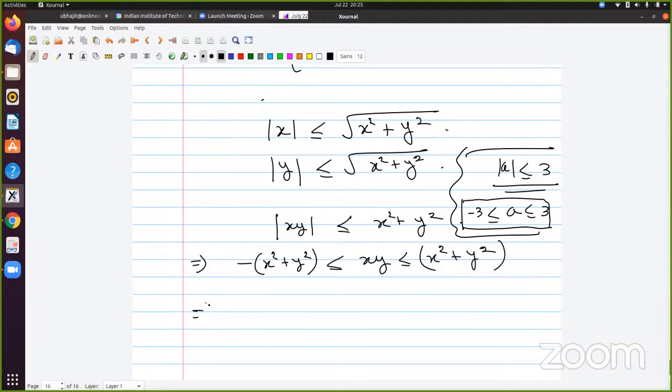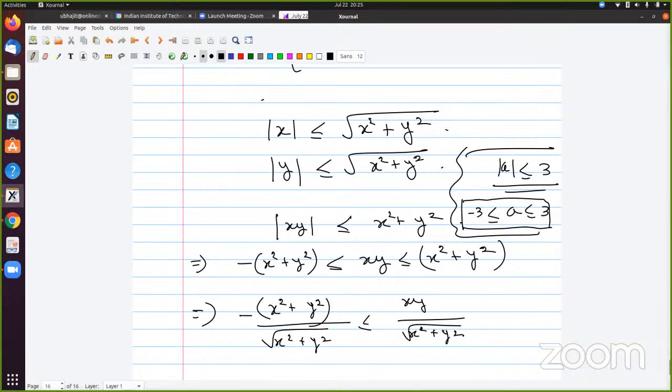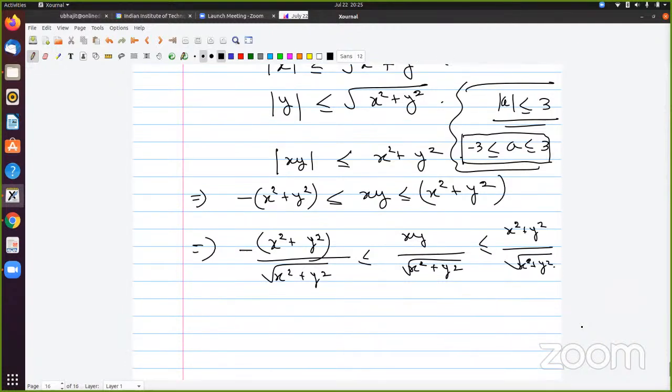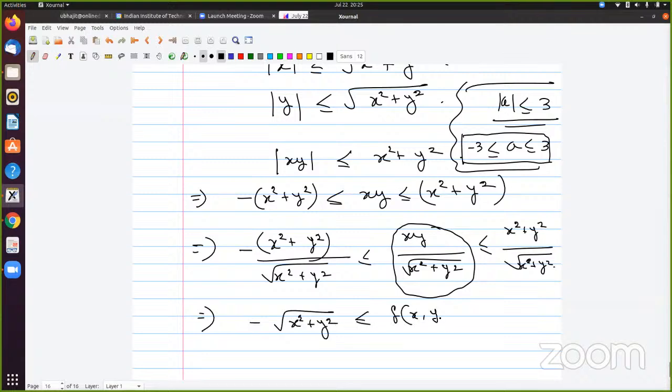Now, if we divide by root of x squared plus y squared, what do we get here? The middle one is our function, and this is minus root of x squared plus y squared. This is our f(x,y) when (x,y) is not equal to 0.